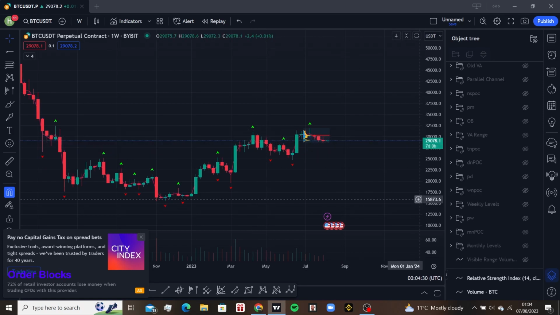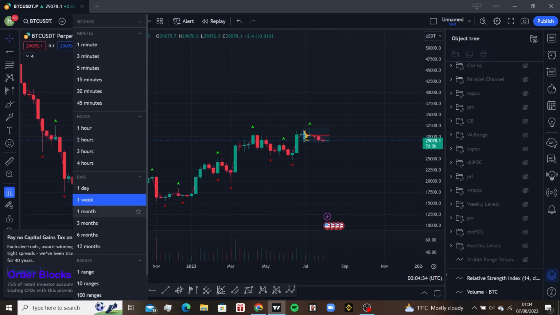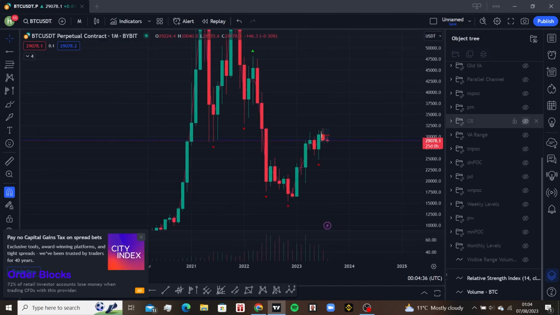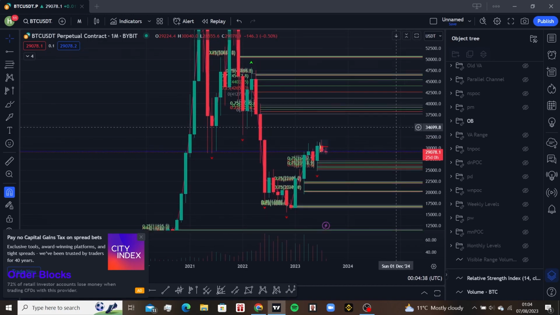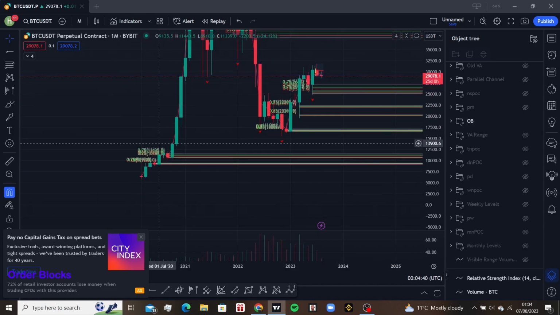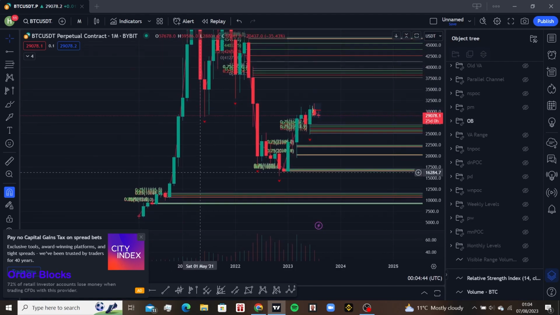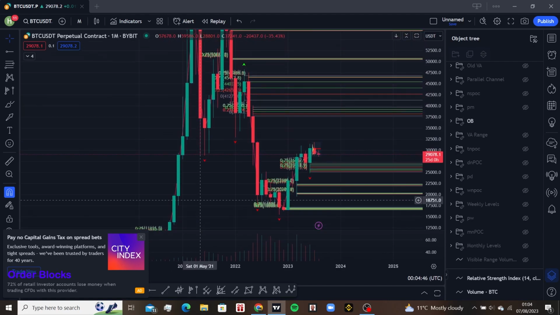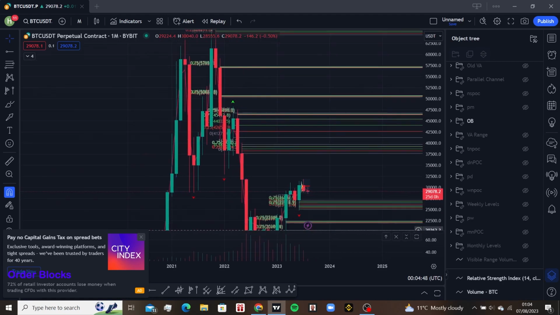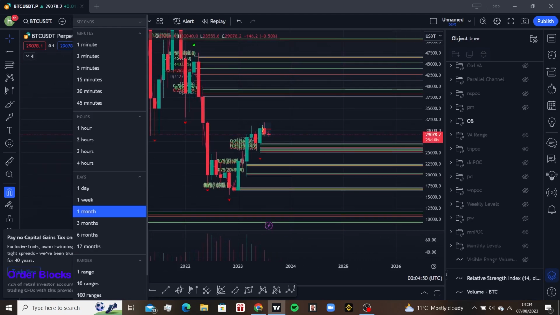Again, what we do is we go from our highest time frame, which is our monthly, and then we work our way down. As you can see here, here's a monthly order block, another one over there, and that's it for now. Then move down to our weeklies.